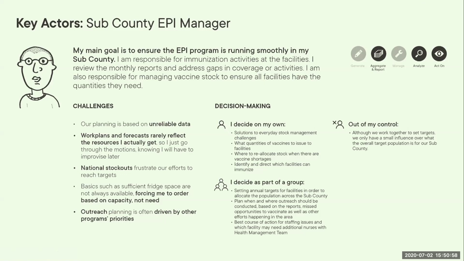You've done all the work to approximate how many vaccines you need, and then you're spending a lot of time figuring out how to reshuffle those resources and spread them across the facilities, being fair in that process. So that's a really big challenge, and related to it are stockout issues and unreliable data to use for planning.